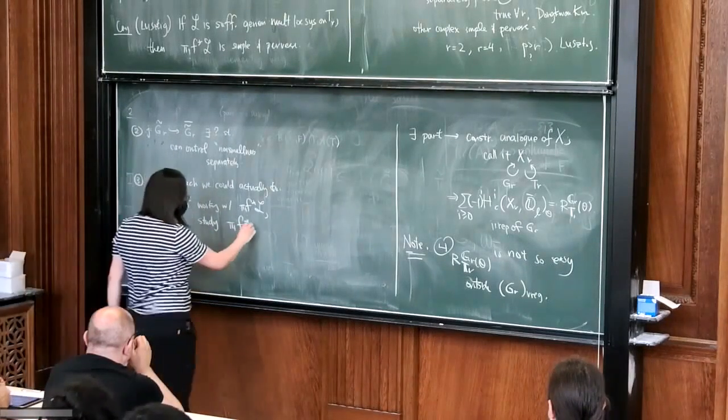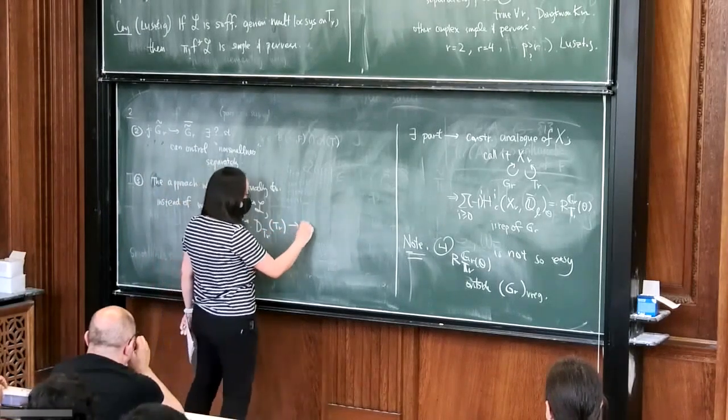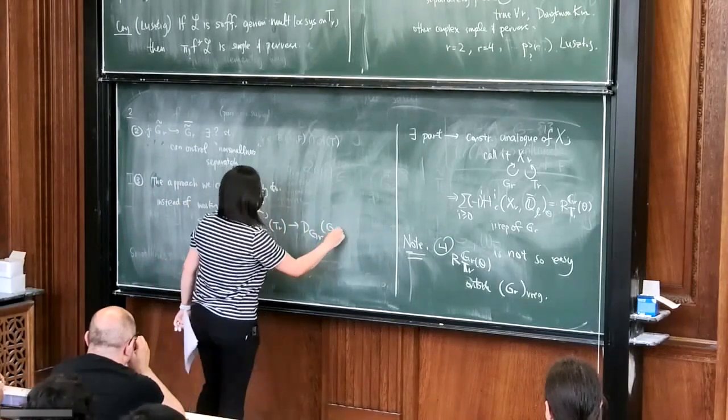This is a functor that goes from equivariant sheaves on TR to equivariant sheaves on GR.